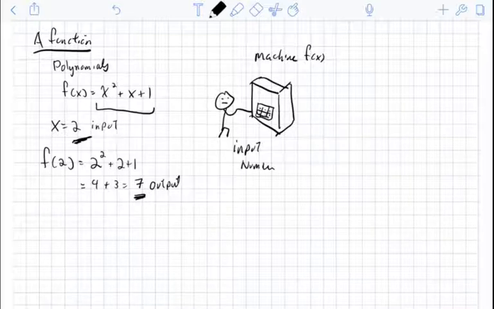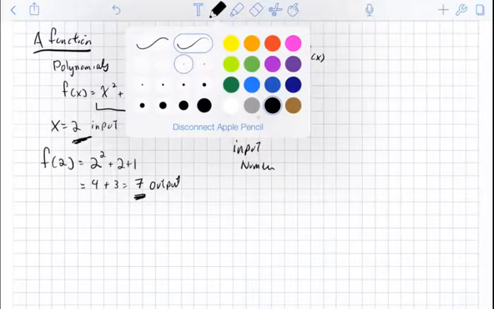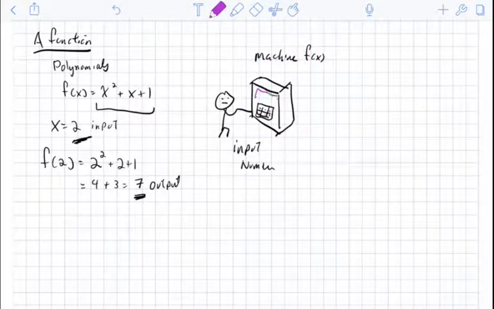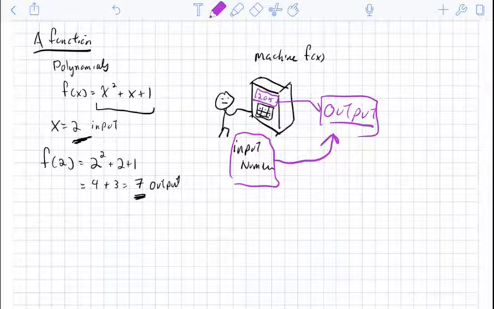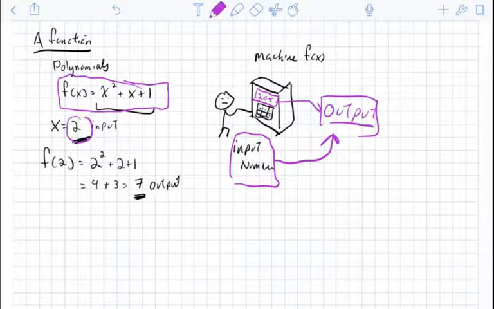And then the function thinks about it, the machine thinks about it, and then prints out another number. So the function in this case is the machine that takes the input and turns it into the output. In the case of polynomials, this expression was a function. You plug in an input and you use it to calculate the output.